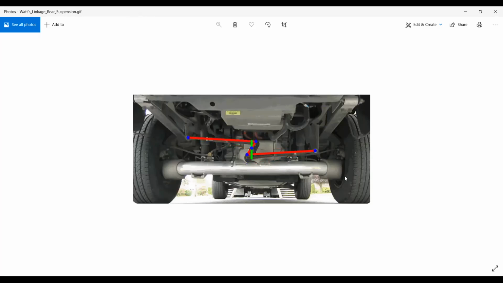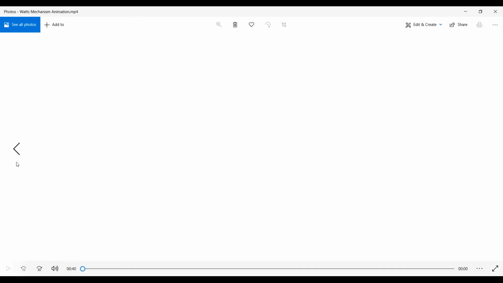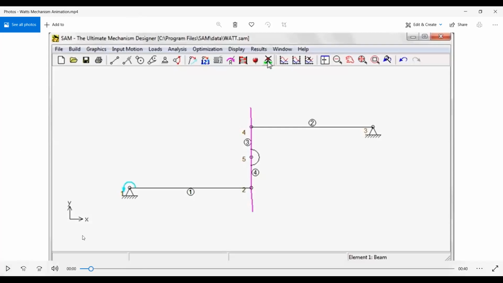Okay, this is okay. So it was about the Watt's mechanism. Are you understanding?